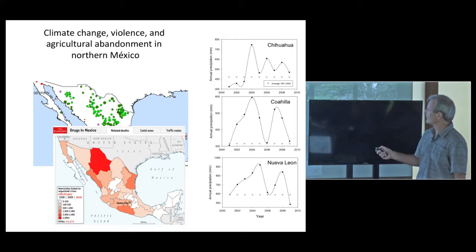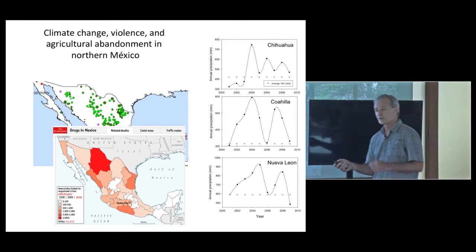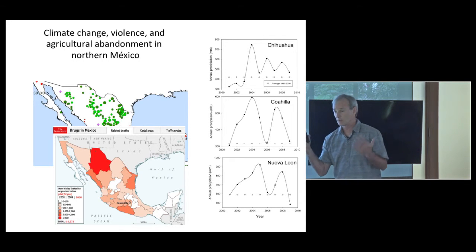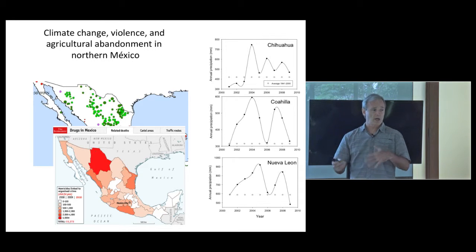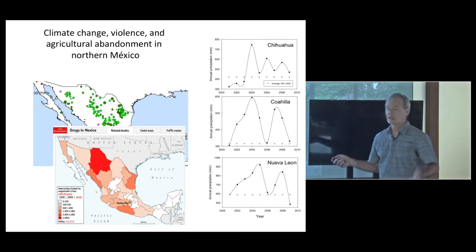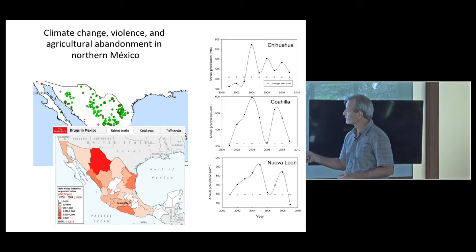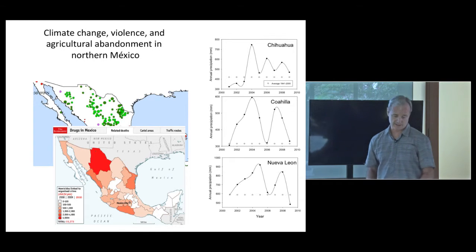This was the average rainfall from the 1940s through 2000, so a 60-year record. And here's the rainfall during the period that we were studying. So you have this interaction: it appears to be violence, abandonment of agriculture, and higher rainfall than normal, and that's reflected in an increase in shrub encroachment in these areas.